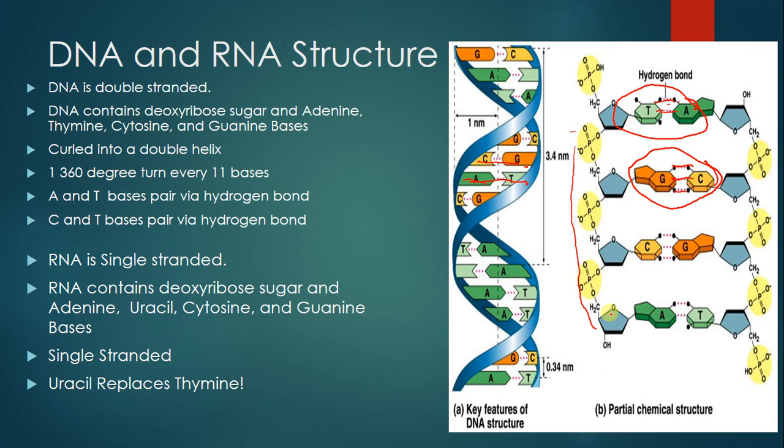You'll notice looking at this picture that on this deoxyribose sugar, the 3' end is down here, and the phosphate 5' end is up here. Well, on the other strand, this is the 3' end and this is the 5' end. And that's what is called running anti-parallel. DNA always runs anti-parallel. The 5' end on one strand is opposite the 3' end on the other.